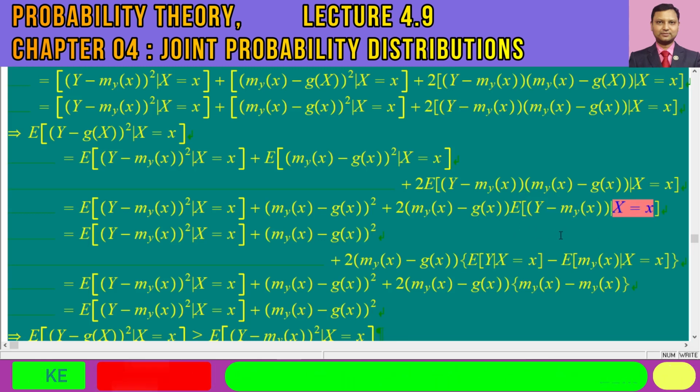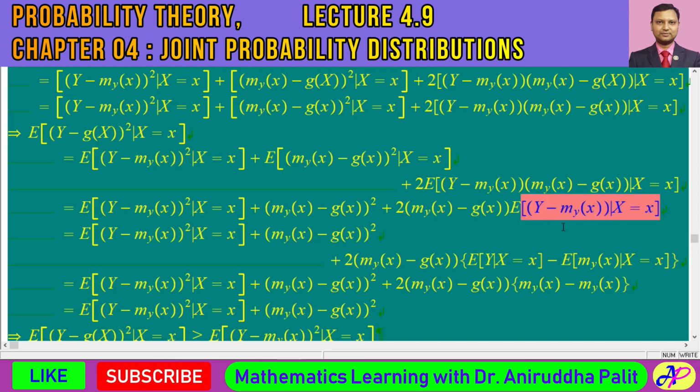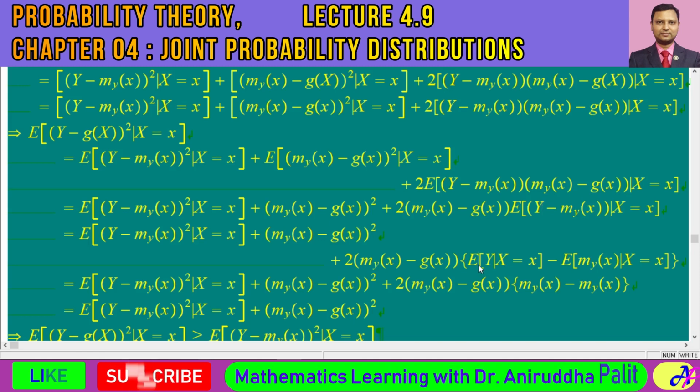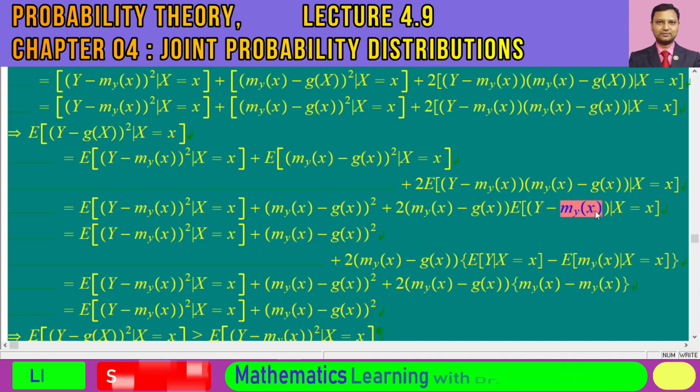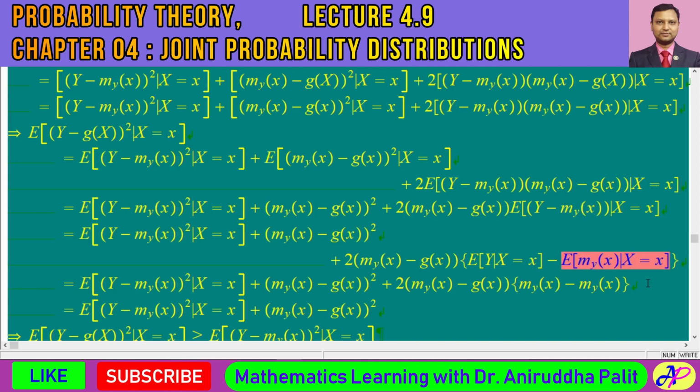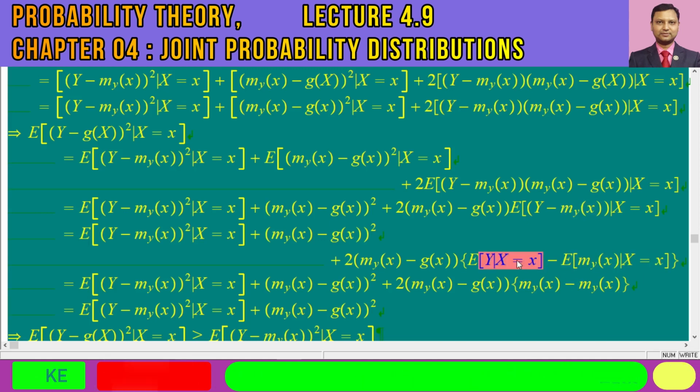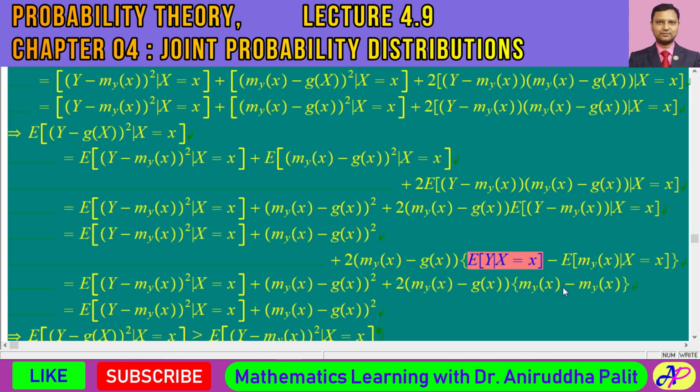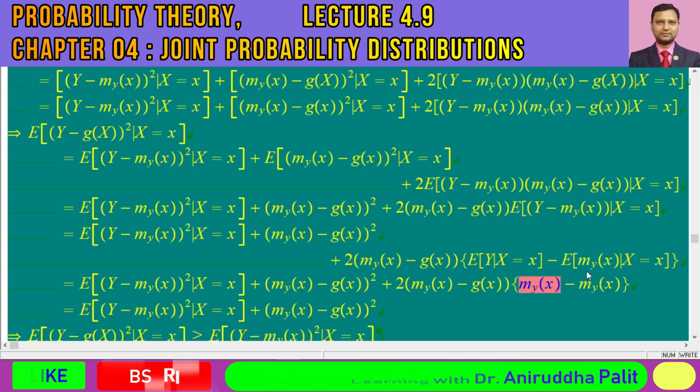And further, this expression can be decomposed into the expectation of Y given capital X equal to small x, and then the expectation of m_y(x) given capital X equal to small x. This is actually our conditional mean of Y given X equal to small x. And what is this?